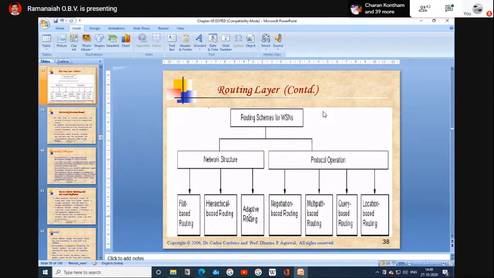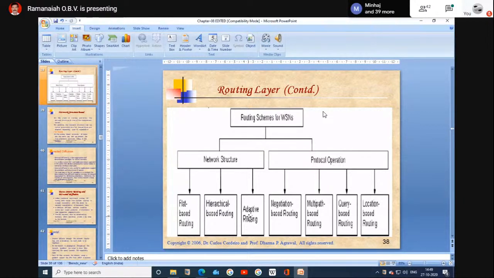So based on certain criteria, certain strategy, the headship is changed. Sometimes even the clustering may be reorganized. So that is what we mean by adaptive.